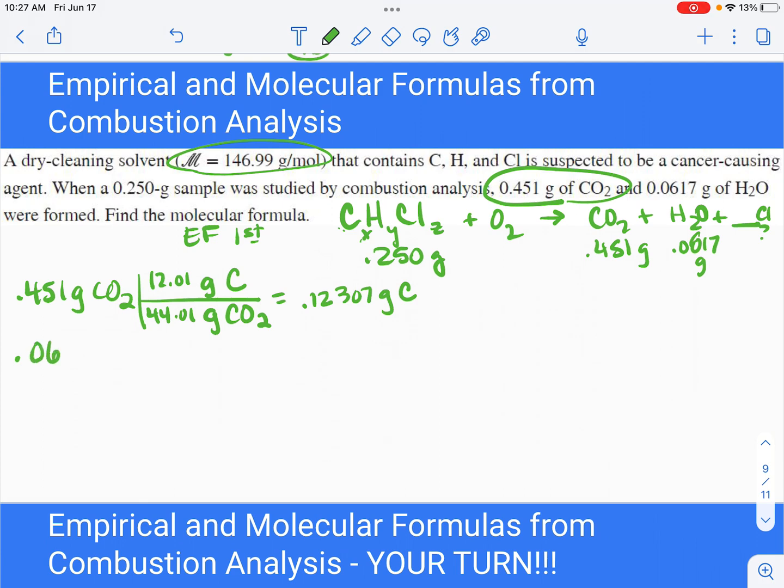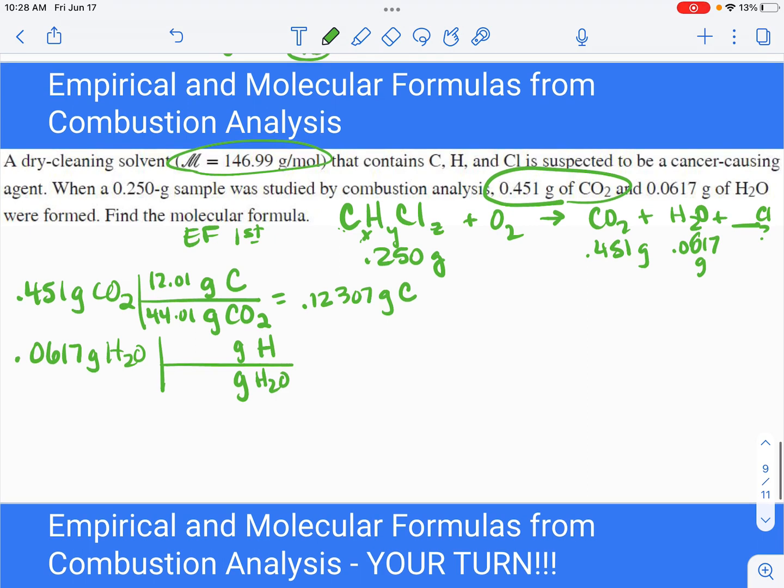I also found I had 0.0617 grams of water produced. I can do the same thing to find the grams of hydrogen. All of the hydrogen in the compound ended up in the water. So grams of water to grams of H. Be really careful. This is a place where you're going to make a mistake perhaps and try to find grams of H2. But this needs to be grams of H. Remember that it's inside a compound. It is not diatomic at this point.